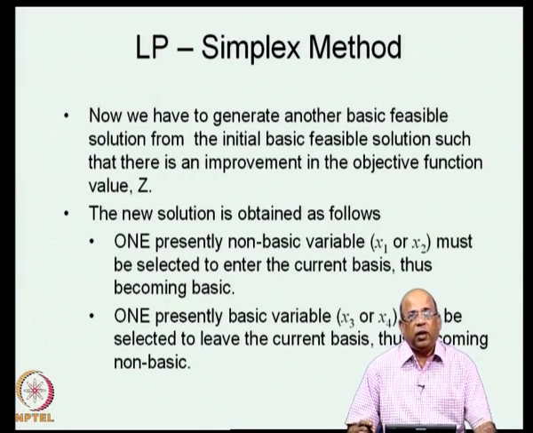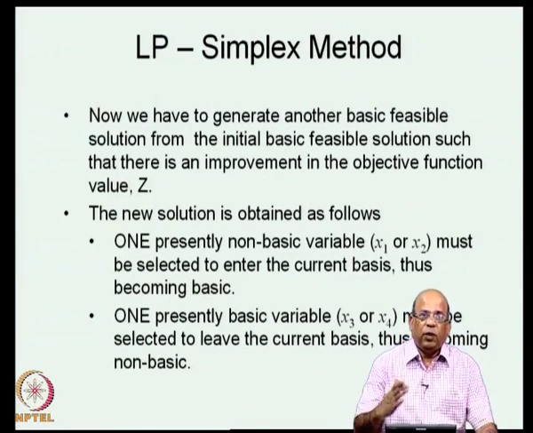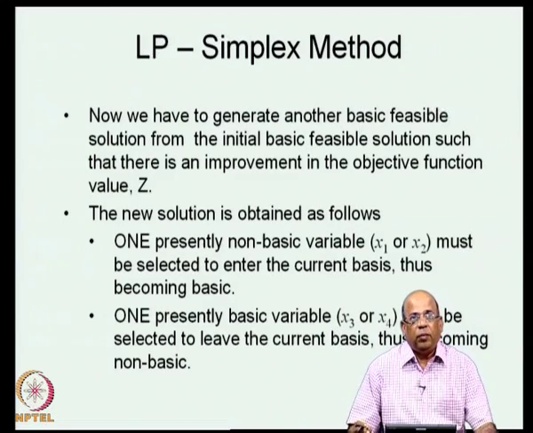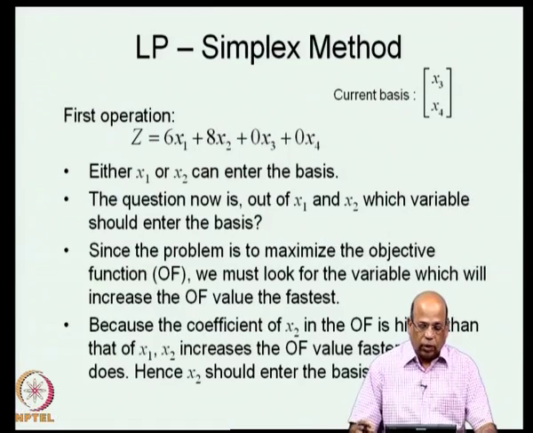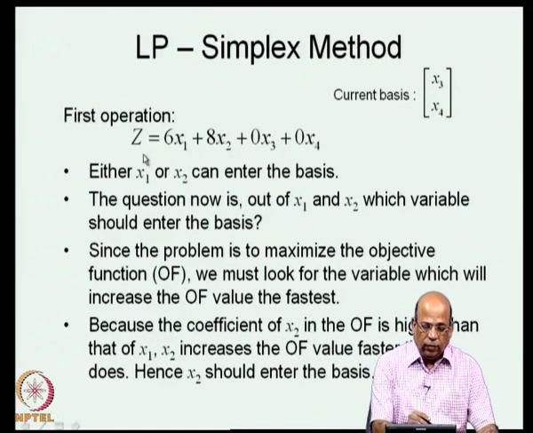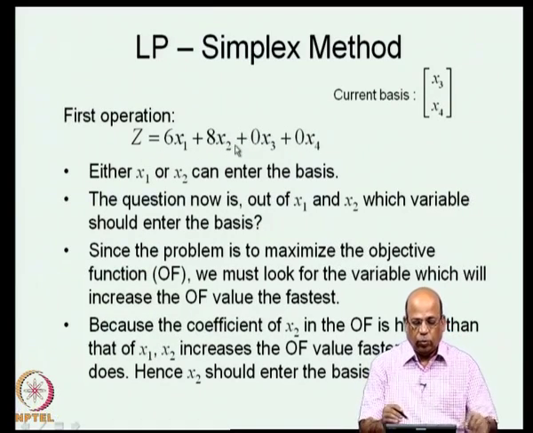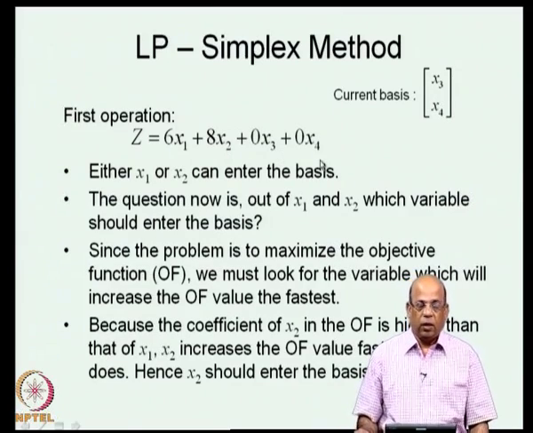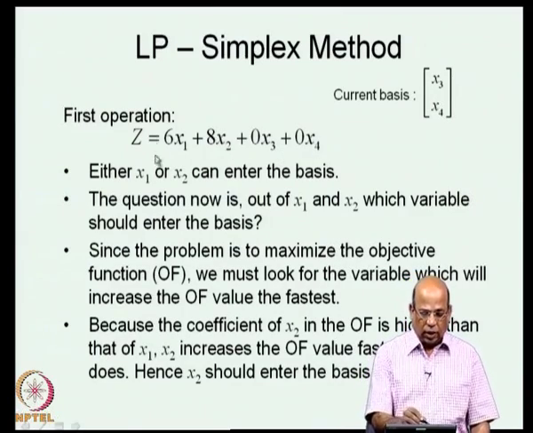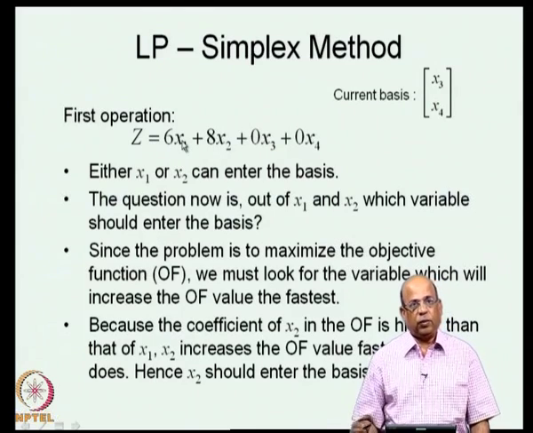How do we decide which among x1 and x2 should enter the basis? You look at the objective function. Your objective function is 6x1 plus 8x2 plus 0x3 plus 0x4. And x1 and x2 are currently at 0 level because they are non-basic variables.